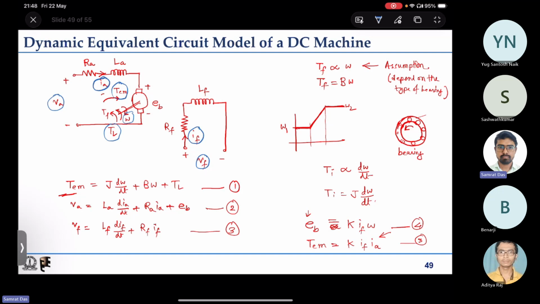Something like speed is what we'll be observing; when we are running a motor, we want the motor to run at a certain speed. So speed is what we'll be observing, and that is the output variable of the system. And current is another quantity that we can measure.